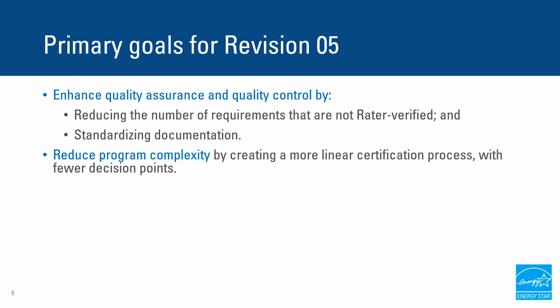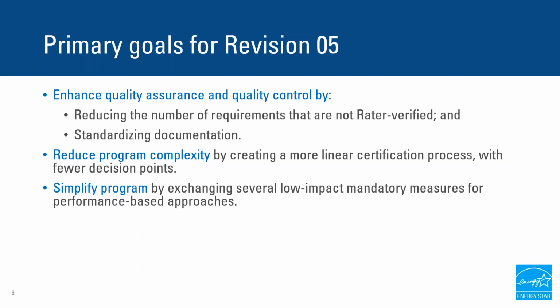So next up, the second goal is to reduce the program complexity by creating a more linear certification process with fewer decision points. If you're familiar with the multifamily new construction program, you know there are a lot of different flexibilities built in, but we're going to try and streamline a few of those to decrease decision points.